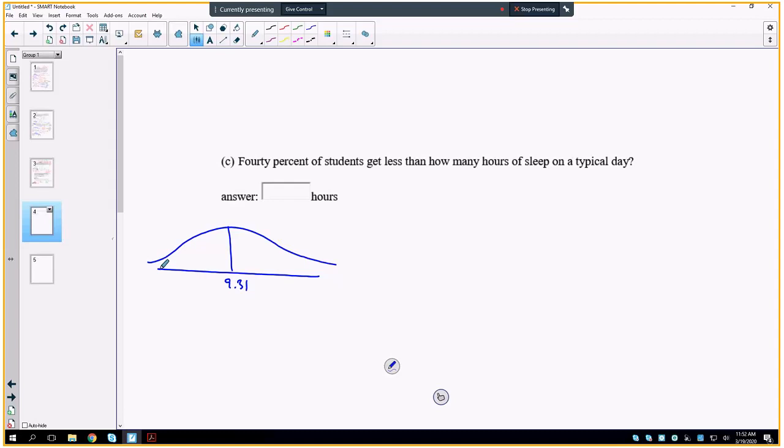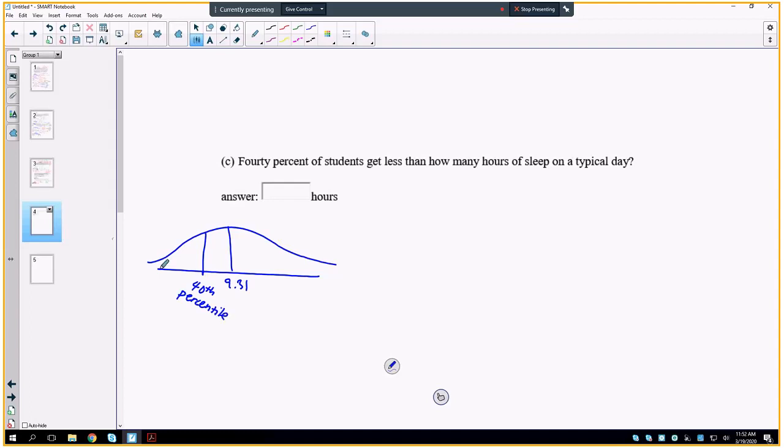So 40%, the 40th percentile, should that be to the left of my mean or to the right? To the left of my mean is a total of 50%. To the right is also 50%. So if I want 40%, I want something to the left of my mean. So I'm looking for the x value that corresponds to the 40th percentile.